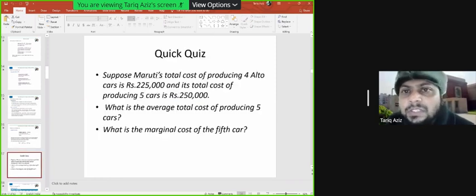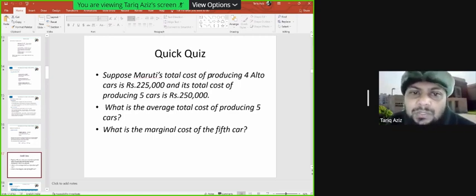So just to check whether you understood this concept or not, this is a quiz in front of you. Suppose Maruti's total cost of producing 4 Alto cars is 2,25,000, and its total cost of producing 5 cars is 2,50,000.